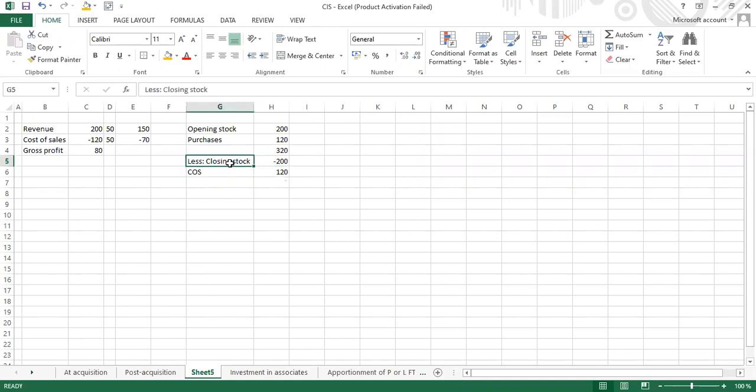So by having a profit element inside your closing stock, your profit has also been affected. That is why we have to adjust this closing stock.